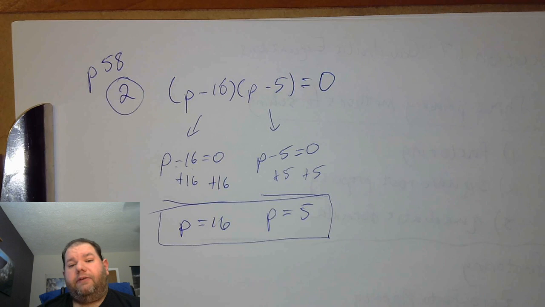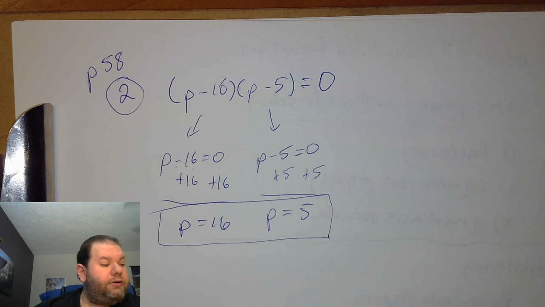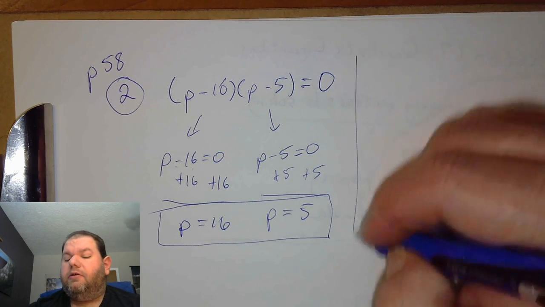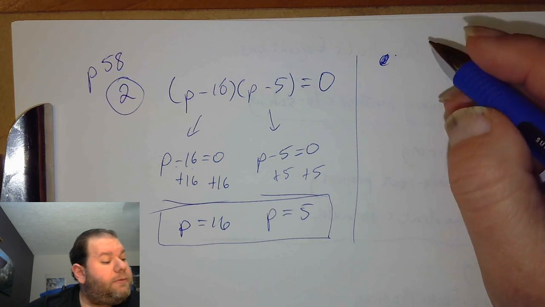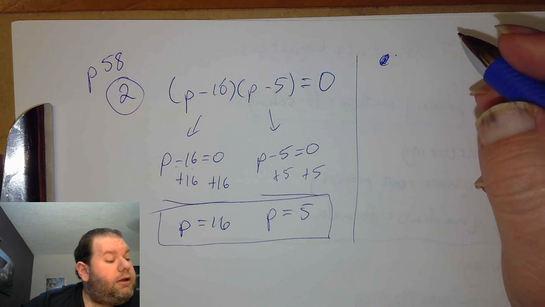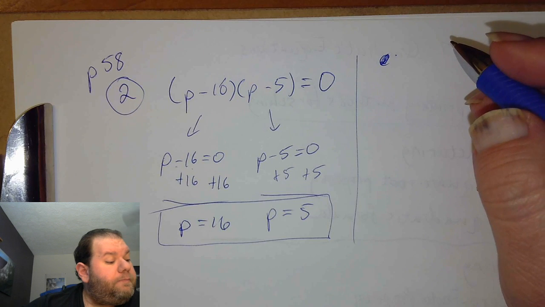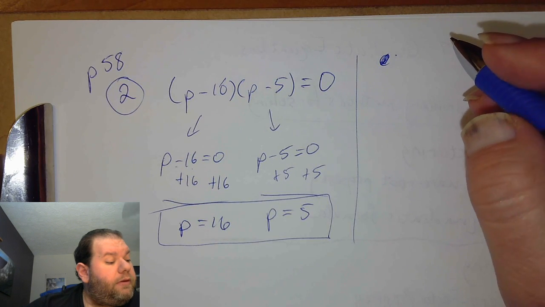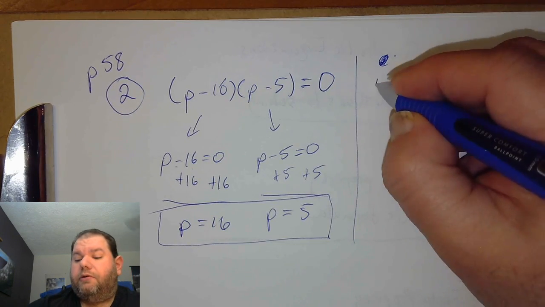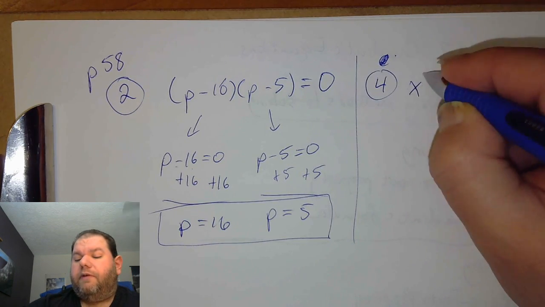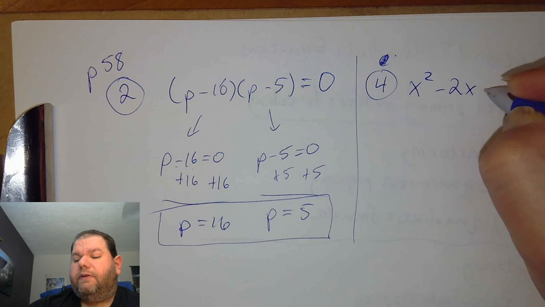What would make this a little bit more complicated is if we actually start off with a trinomial to factor. For instance, this is not an example, it's a specific problem. Let's see, number 4, we have x squared minus 2x equal to 0.